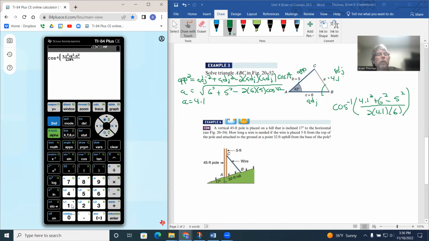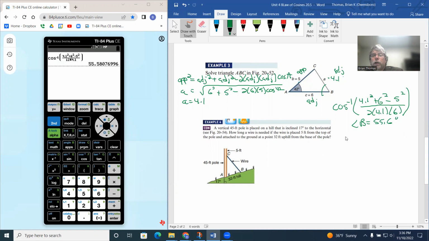That looks okay. So angle B is going to equal about 55.6 degrees.